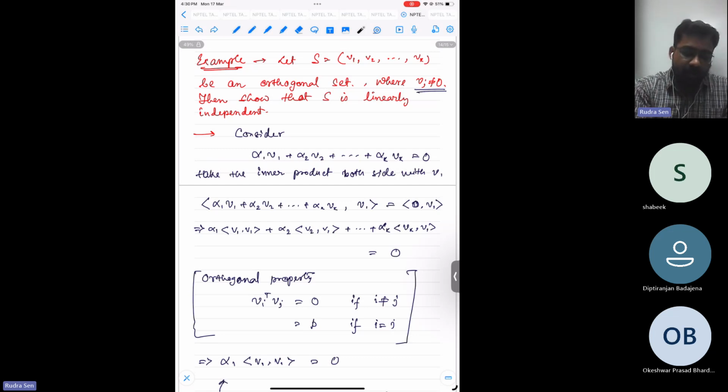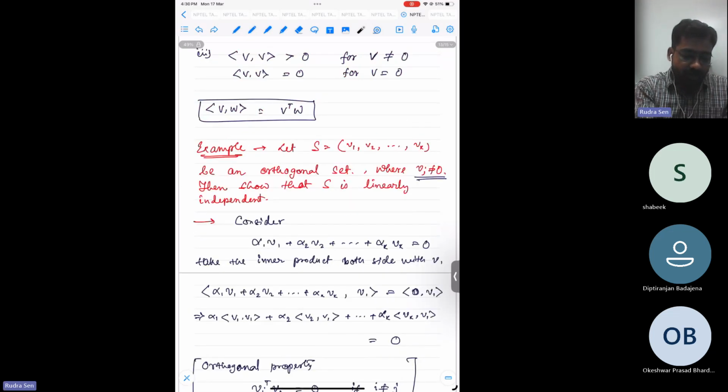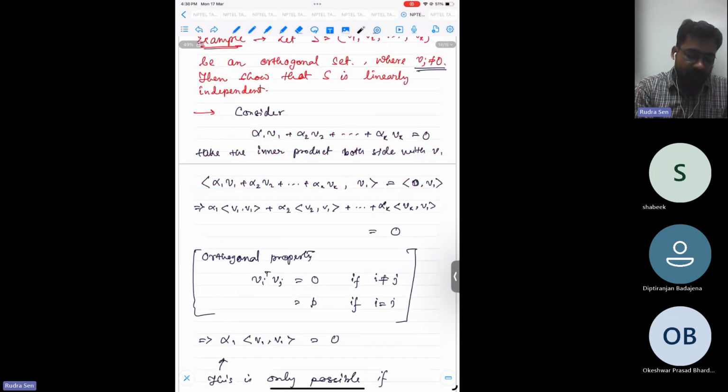So we take the inner product of both sides with V1, using the properties of the inner product space. Orthogonality says Vi transpose Vj equals 0 if i is not equal to j, and equals some value otherwise, because here we talk about orthogonal, not orthonormal. If it is orthonormal, then Vi transpose Vi will be 1.